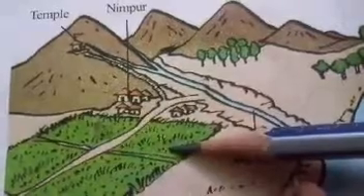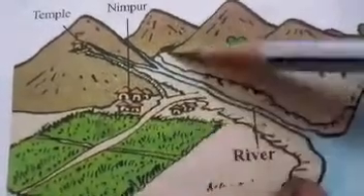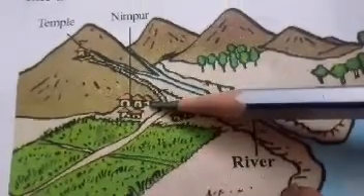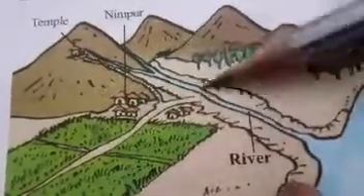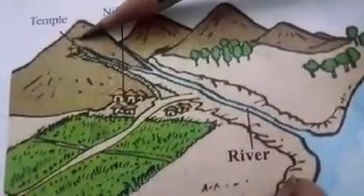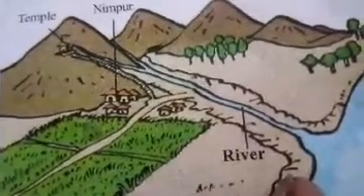And this green color is used for showing plains. And here is the picture of village, Nimpur village. And at the top, here is a temple also. A temple is there. Several hills you can see around.